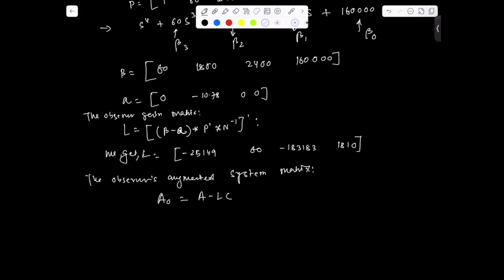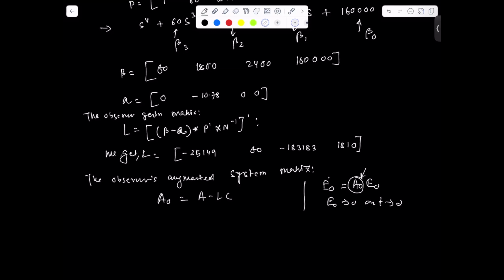If you remember, we had e dot equal to A naught e. So this is the A naught. The eigenvalues of A naught should be negative so that e goes to 0 as t tends to infinity. This is the main motivation to design the observer. The error between the actual state and the estimated state should be 0.